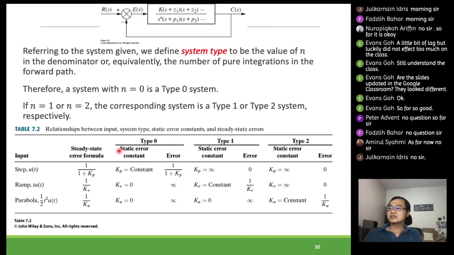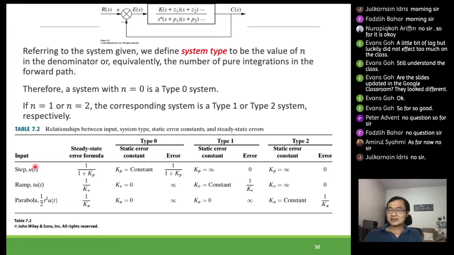So you will see that there is a so-called boundary where, when the system type increases, the input should also increase accordingly, or vice versa.